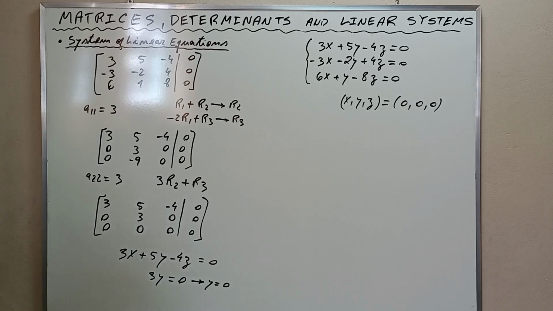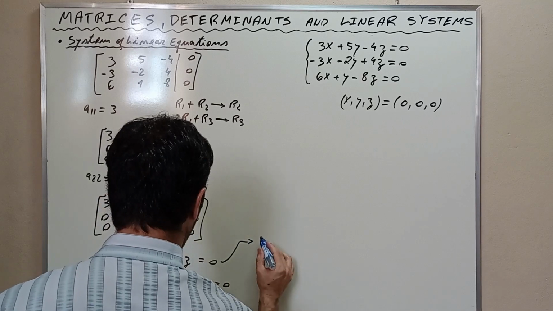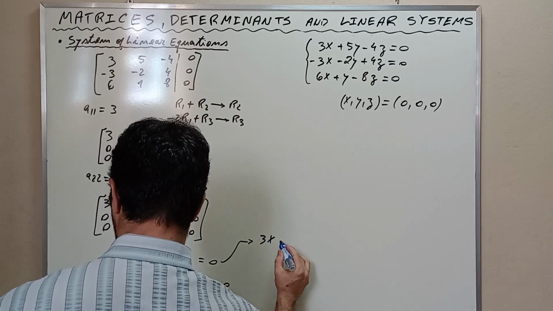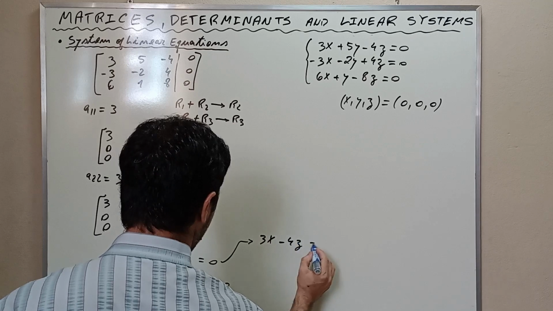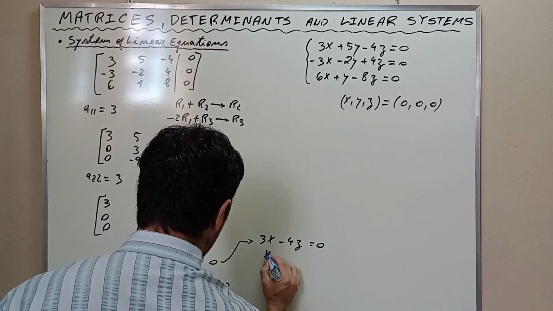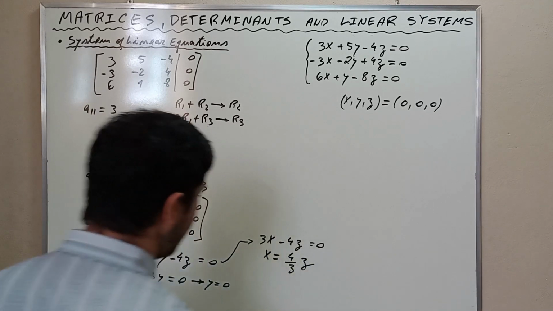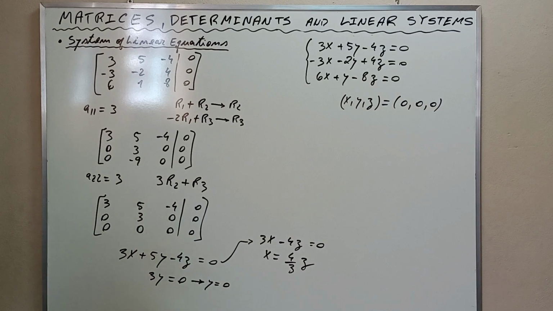Then the first equation is reduced to 3 times x minus 4 times z equal to 0, in which x is equal to 4/3 of z. We understand z as a free variable, and the system has infinitely many solutions of the sort.